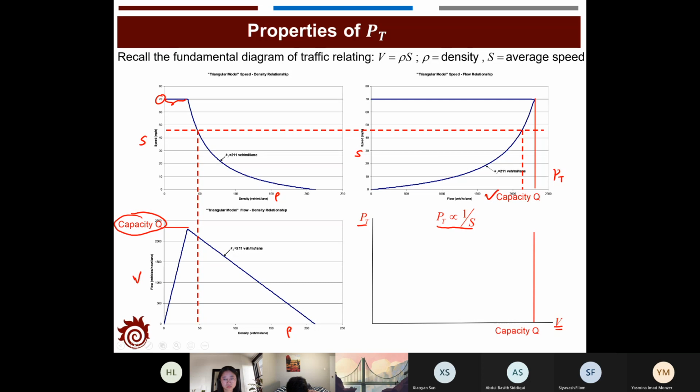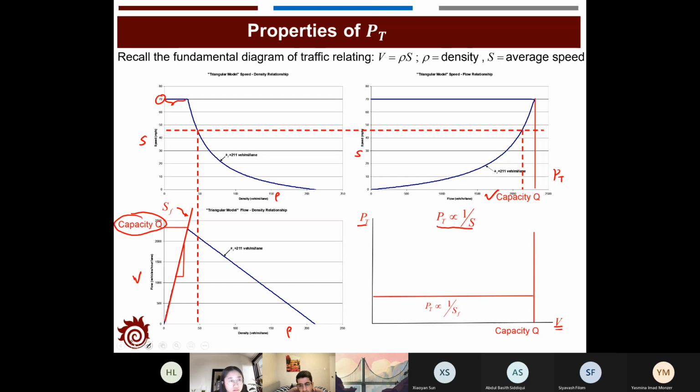So if the road is not congested, we will have a constant cost, because the speed is always the same. For 2 kilometers, they will always spend the same time to travel and arrive at the destination.